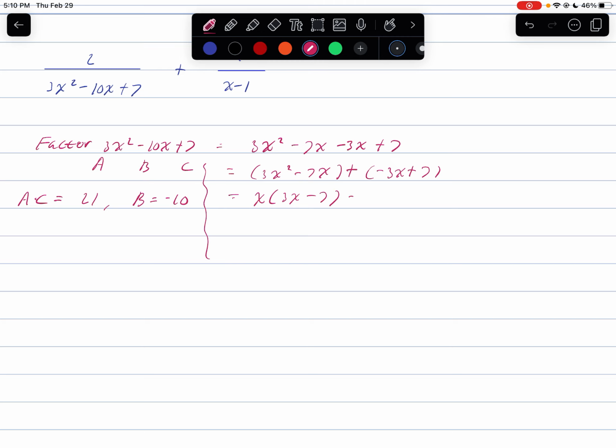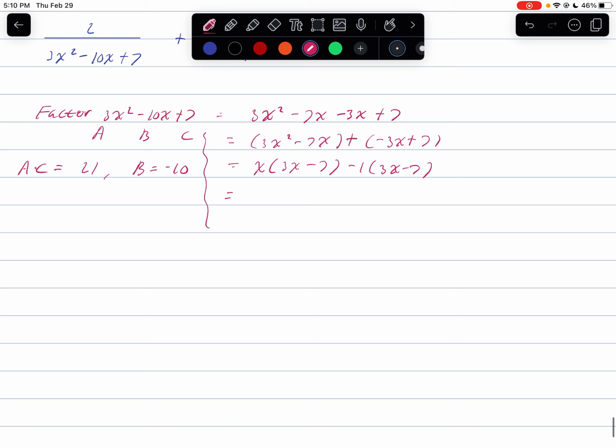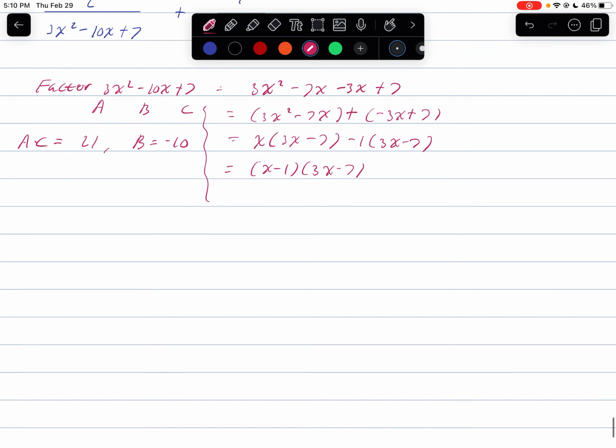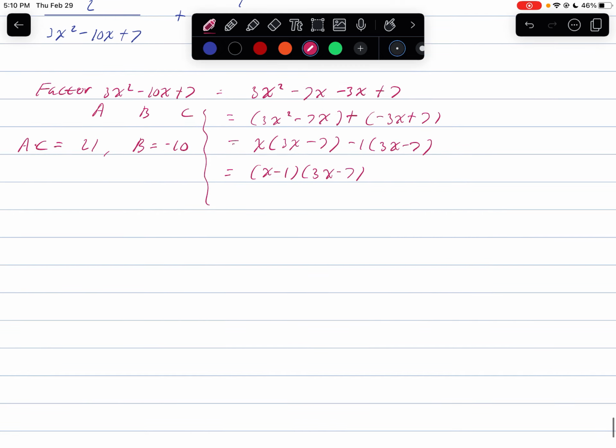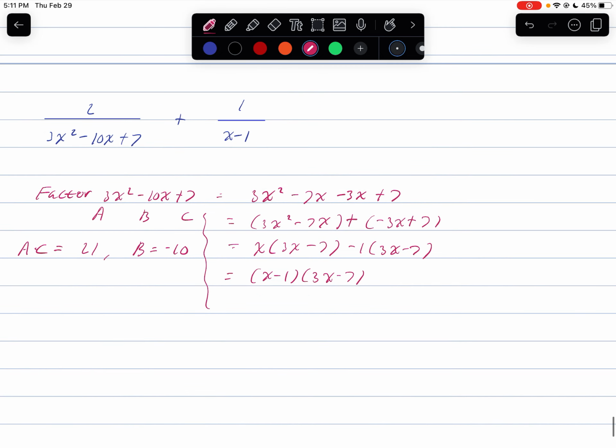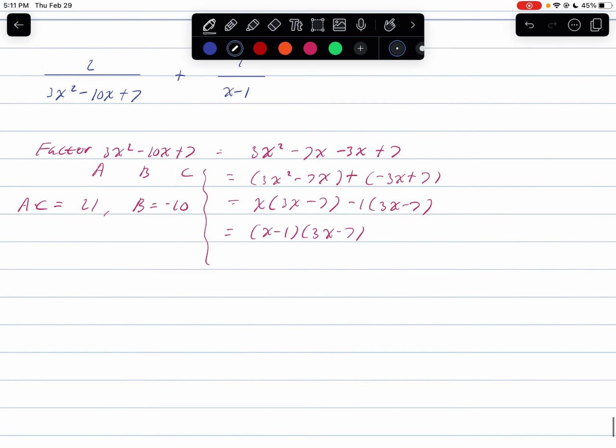And here we can remove a negative 1, so we'll get 3x minus 7. So we have x minus 1 times 3x minus 7. Okay, so there we go. We have x minus 1 times 3x minus 7, and now we can rewrite our expression.